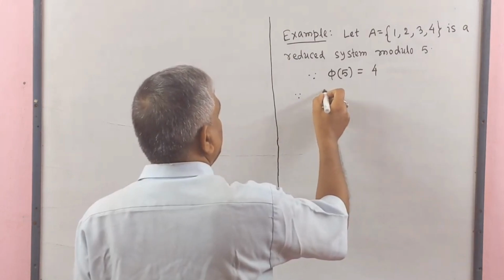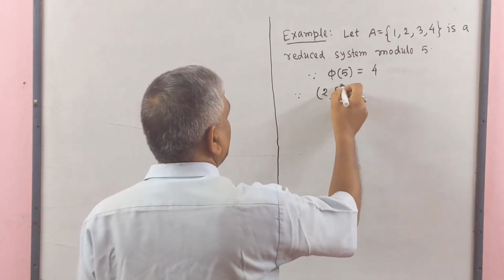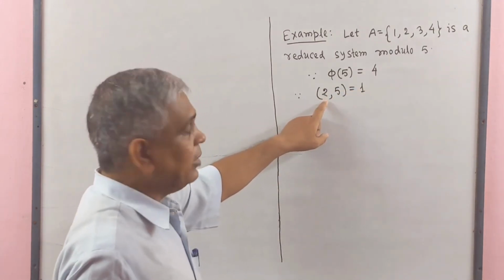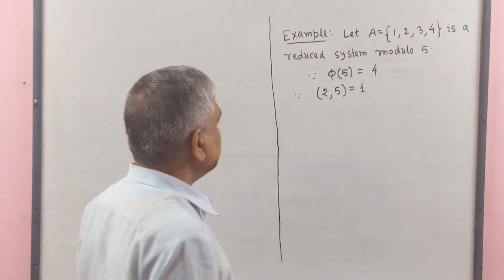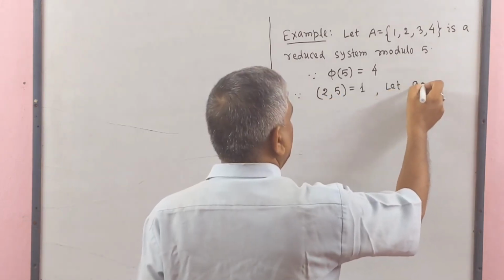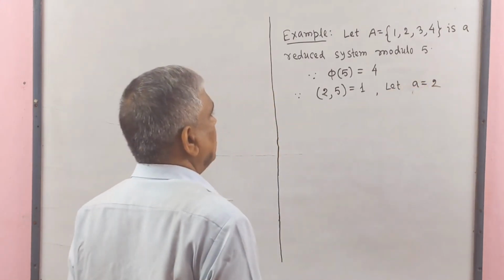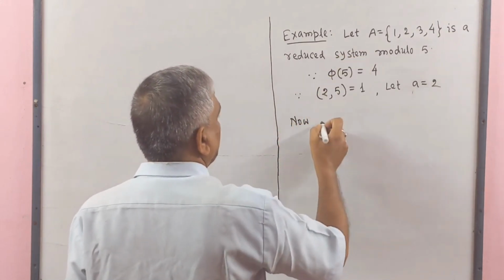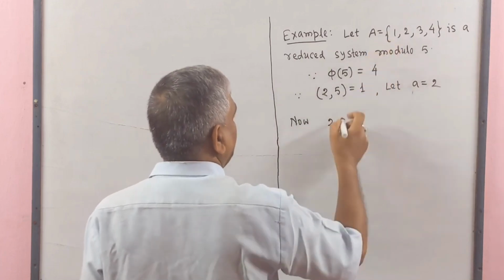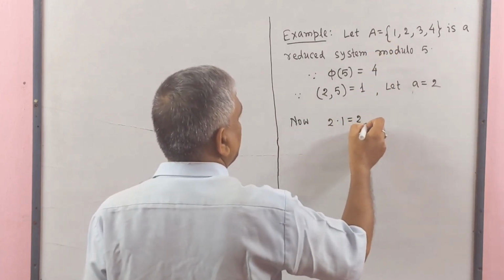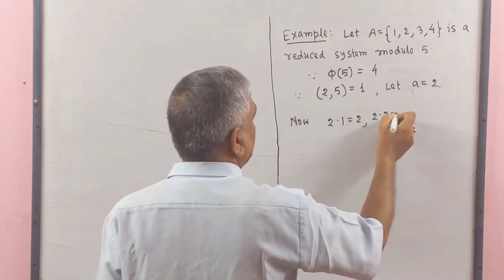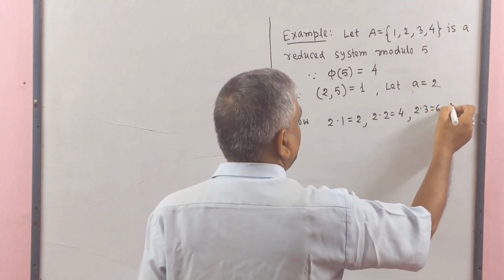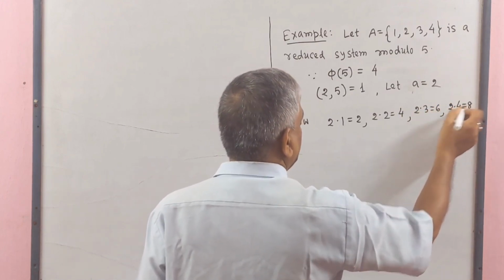Since GCD of 2 and 5 equal to 1, that is 2 is relatively prime to 5, let a equal to 2. Now, 2 multiply by 1 equal to 2, 2 multiply by 2 equal to 4, 2 multiply 3 equal to 6, 2 multiply 4 equal to 8.